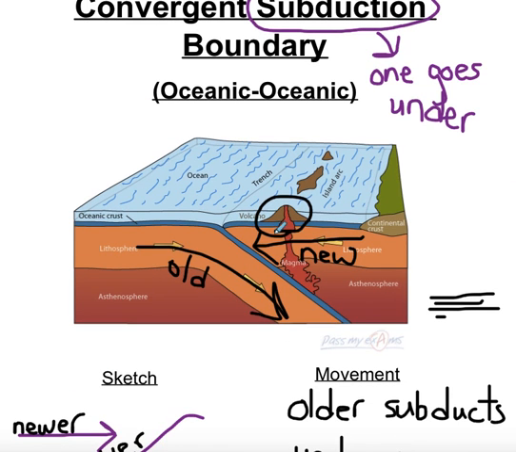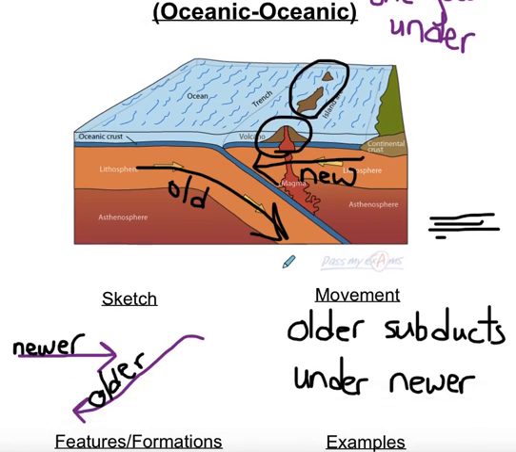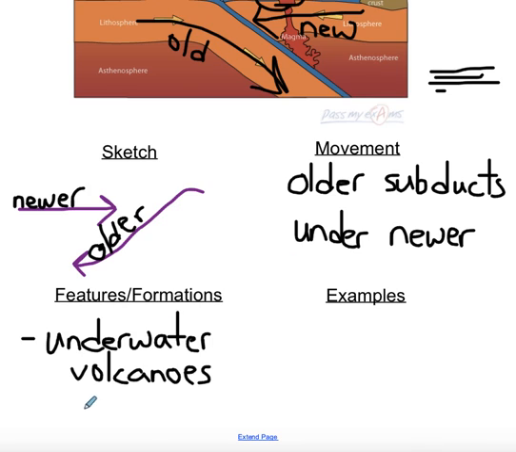And as those underwater volcanoes erupt, the magma hits the water and it starts to cool. And as it cools, it forms these things that float in the middle of the ocean and are surrounded by water on all sides. We call them islands or island chains.